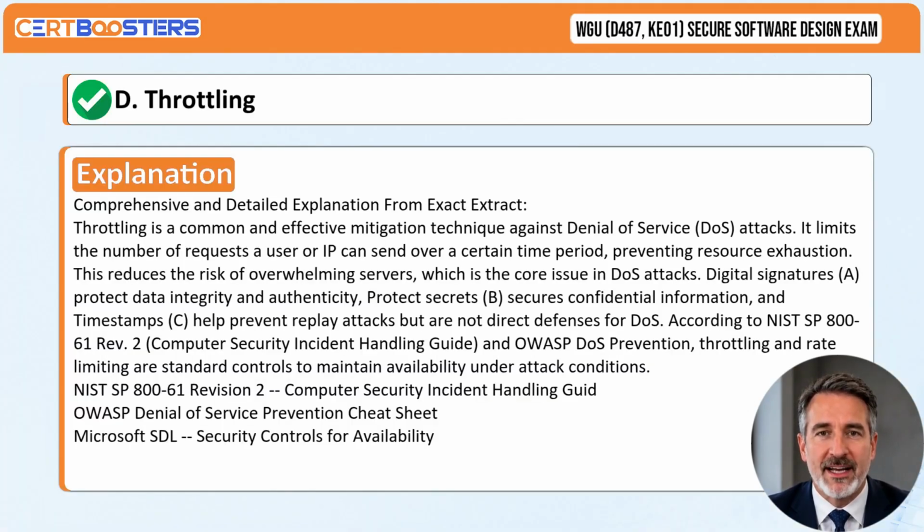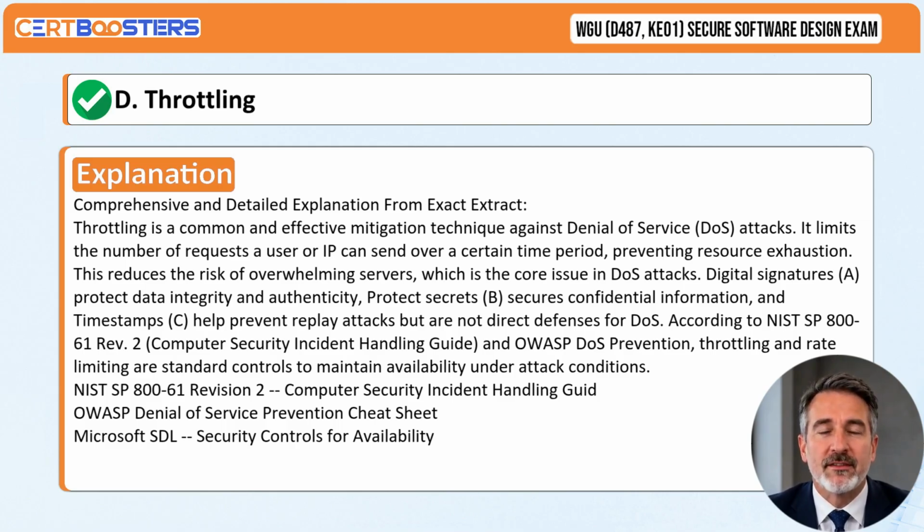Explanation: Throttling is a common and effective mitigation technique against denial of service (DoS) attacks. It limits the number of requests a user or IP can send over a certain time period, preventing resource exhaustion. This reduces the risk of overwhelming servers, which is the core issue in DoS attacks.